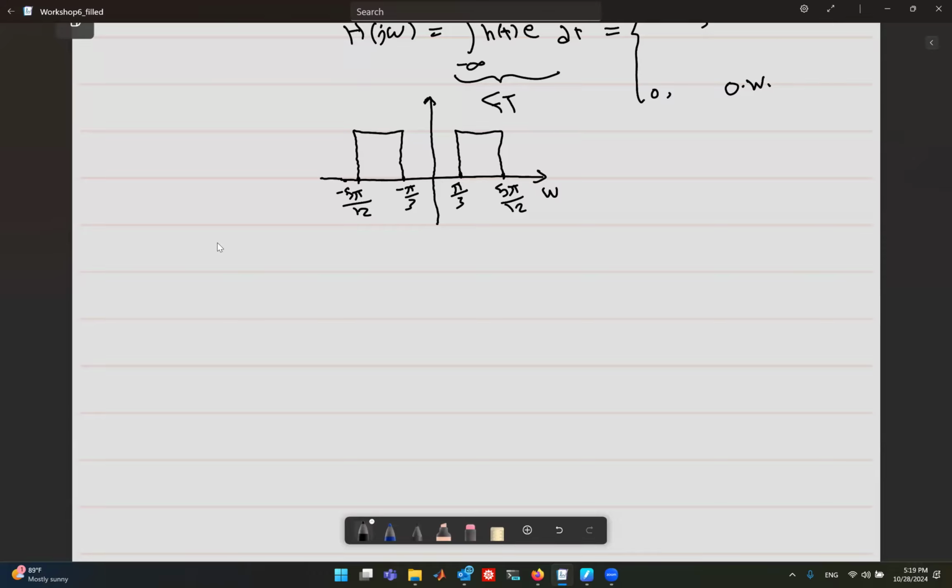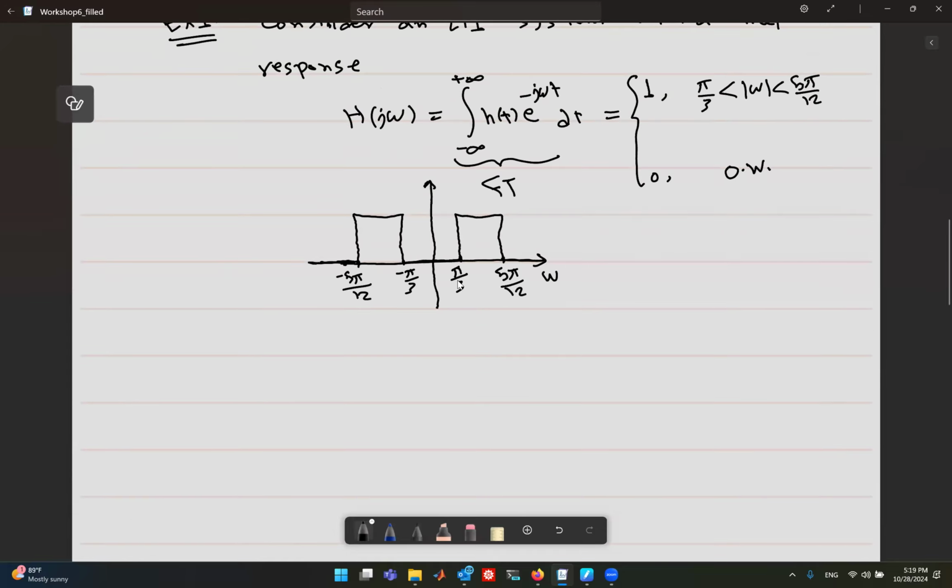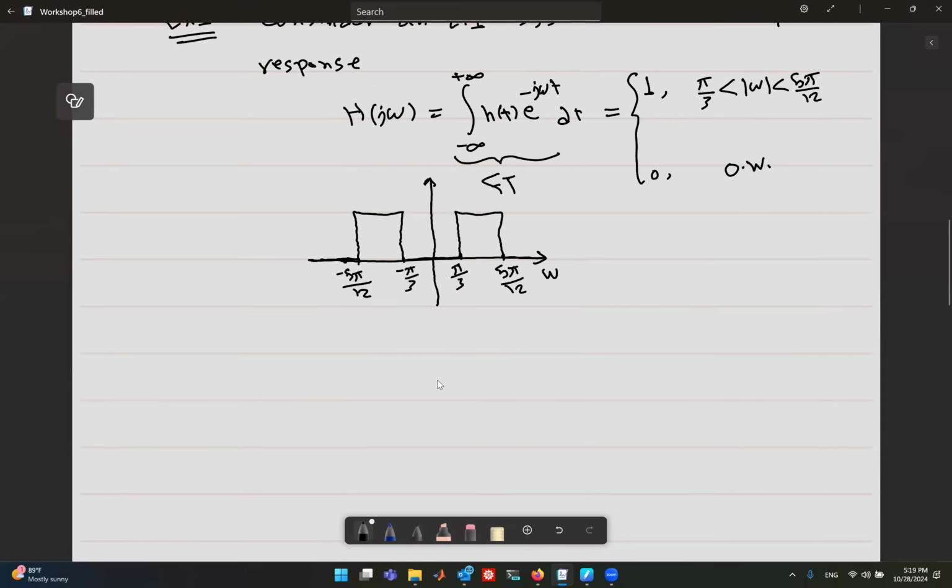This filter is called a bandpass filter because those are zeros, obviously. Any value of ω other than those two bands is zero. This is called a bandpass filter because this actually represents a system, because whenever we have at the input of this system a signal with a frequency that lies in one of those two bands, the signal will pass through the system untouched, nothing will happen to the signal.